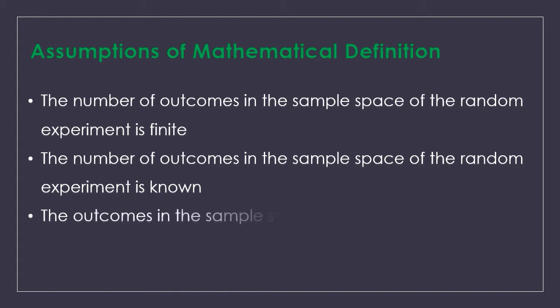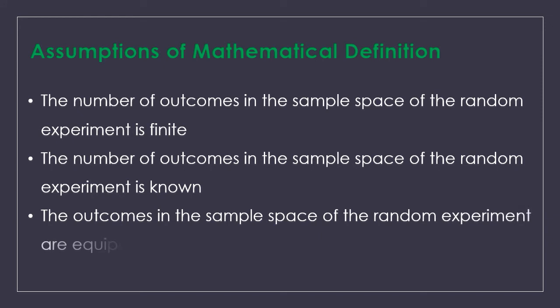The third assumption is that the outcomes in the sample space of the random experiment are equiprobable. Now this is an important assumption, that all the outcomes of a sample space must be equiprobable. Every outcome should have an equal probability of happening. No outcome should have any more or less probability of happening than the rest of the outcomes.